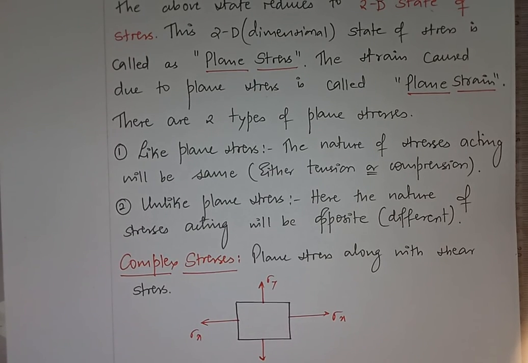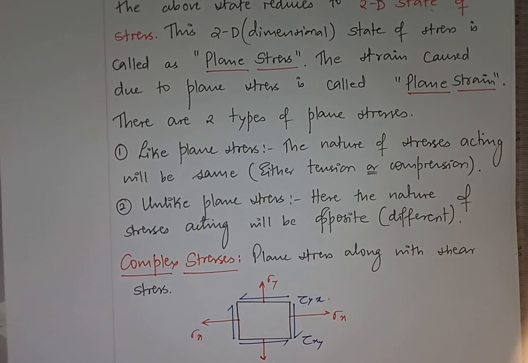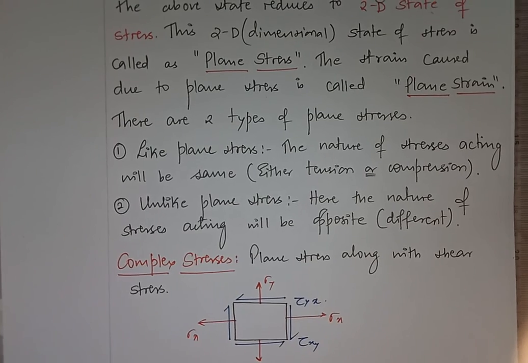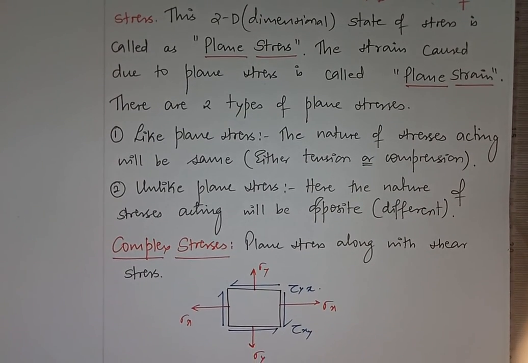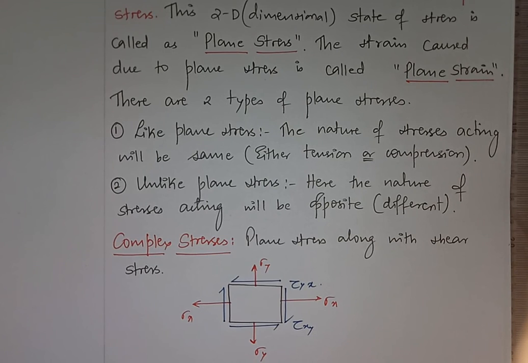Apart from this you will be having shear stresses. So shear stress, I'll mark it here. Okay, so this is tau xy, this is tau yx, right? So this combination I call it as complex stress. It is a combination of plane stress along with shear stress. Okay, that was regarding complex stresses.